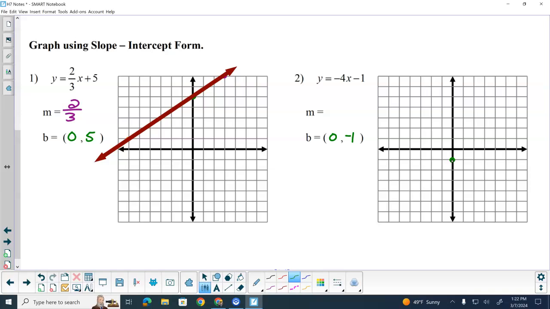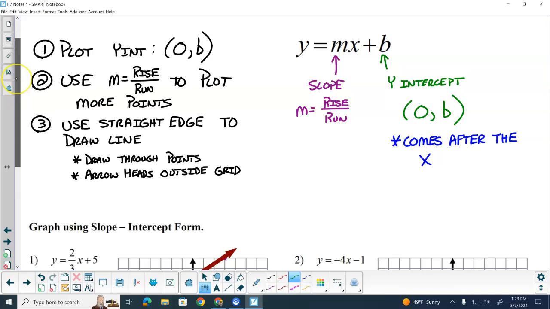What's next? Step 2, I hope you wrote it down. You either wrote it down or you just stared at your paper awkwardly for a little bit. Oh, he didn't write it down. Okay, that's all right.